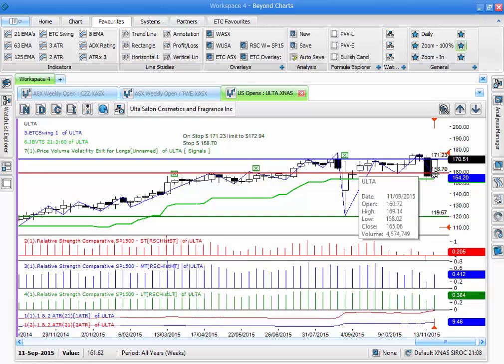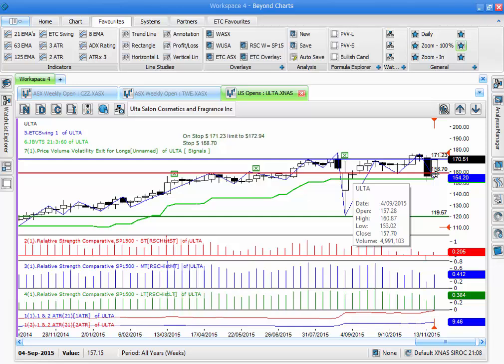In actual fact, the following week there was a little candle here, and you'll see that if I put the cursor over there, the close of that particular candle is at $157.70. Now that's below the initial $158.70. It's $1 below.